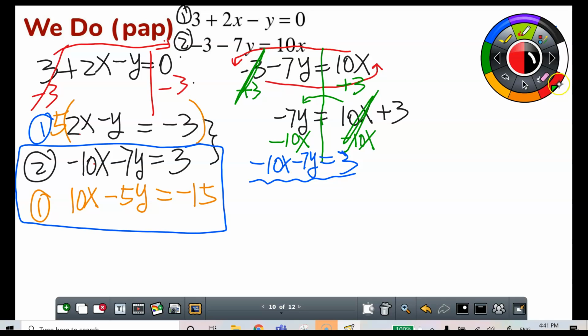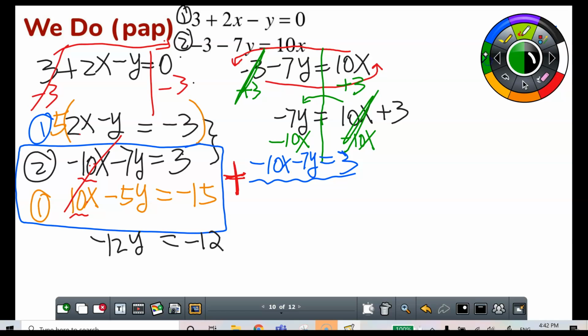And now you see you have the same number in front of x and they have opposite signs. So you're going to add up the two equations. -10 add 10 is 0. -7 add -5 is -12y equals, add up the two numbers, -12.